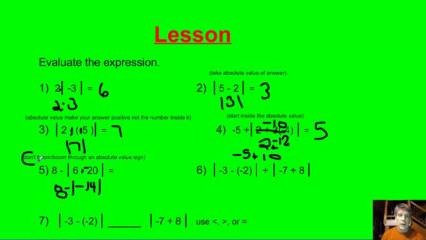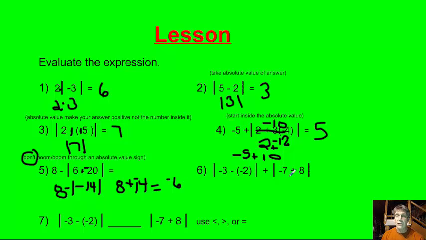You cannot go boom, boom through absolute value. You've got to get the absolute value done. So let's finish this. What's the absolute value of negative 14? Well, that's 14. So what this problem really is, is 8 minus 14. Now I can finish out the boom, boom. So 8 and negative 14, well, subtract them, and the big dog wins. So it's going to be negative 6.